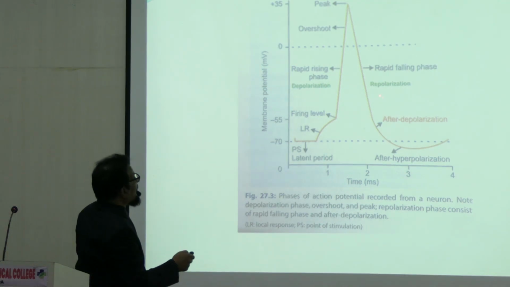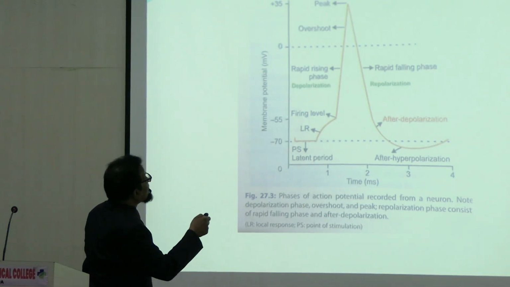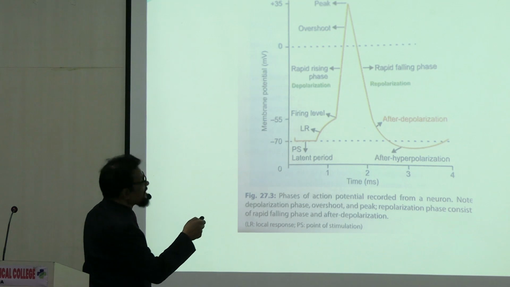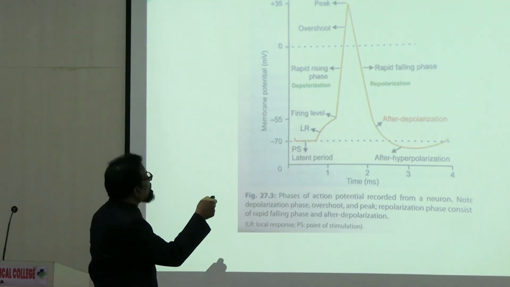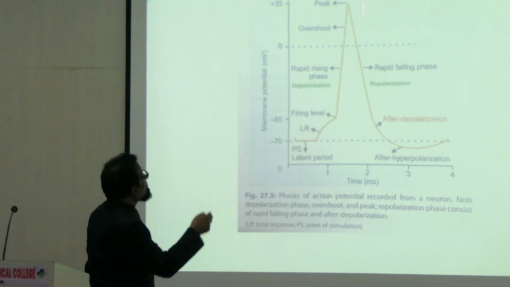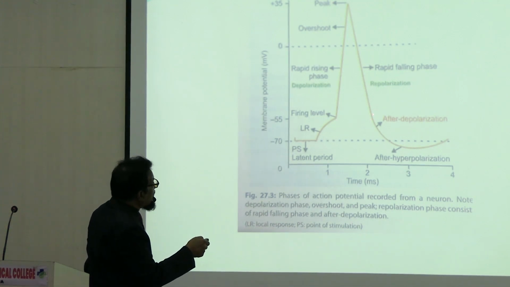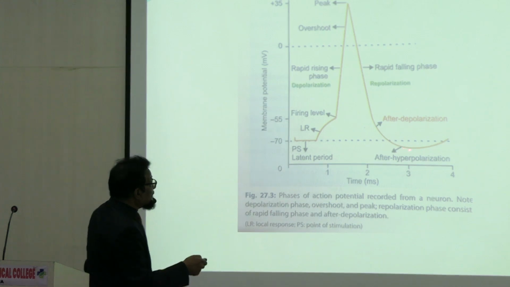This is the rapid falling phase of repolarization. It took less time to come from here to here. But from here, the repolarization is slow. This is called after depolarization.